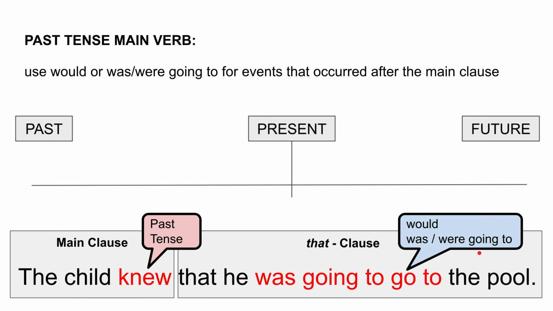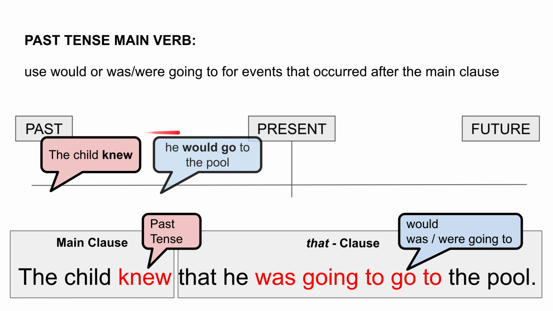This is a past progressive. What this is basically saying is that we had a mental activity, the child knew sometime in the past that sometime in the future he would go to the pool. But this is not before the present. This is not after the present. It's not far in the future. It's just that the mental activity occurred in the past, before the actual action, which was going to occur after the main clause.